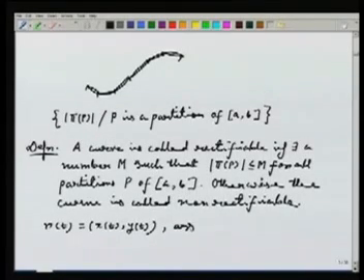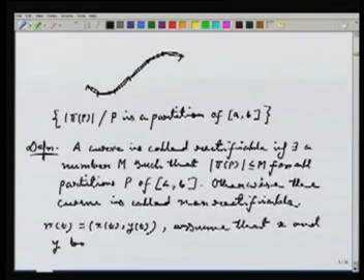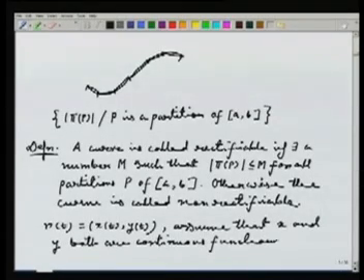Assume that x and y both are continuous functions of t. So whenever we talk about curves, we mean these continuous curves. That is, the x component and y component both are continuous functions.